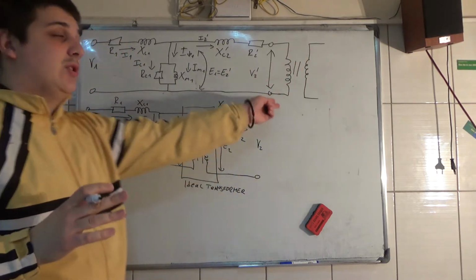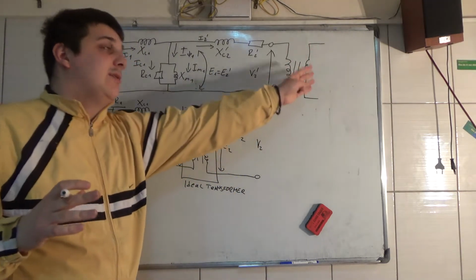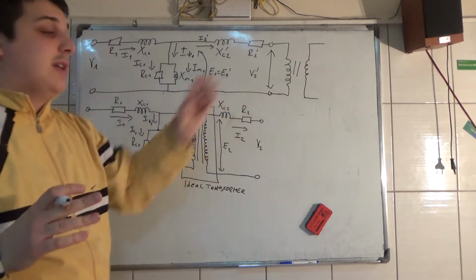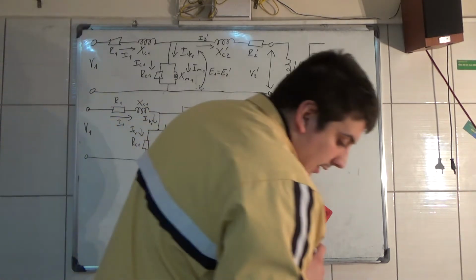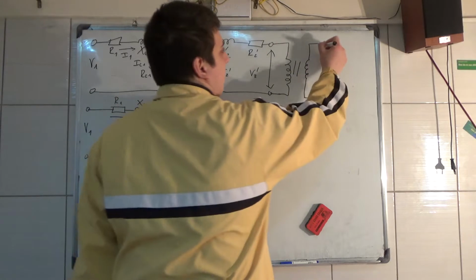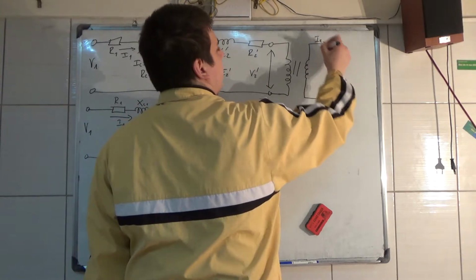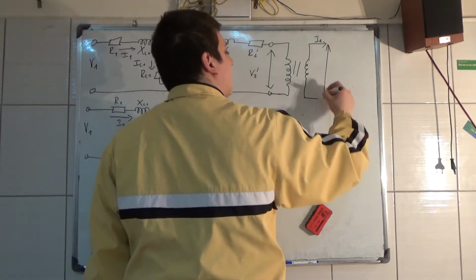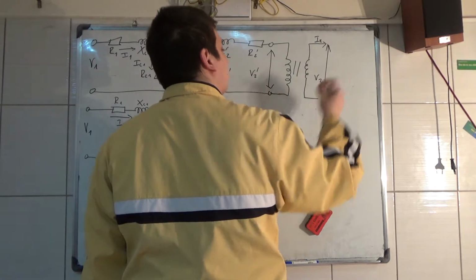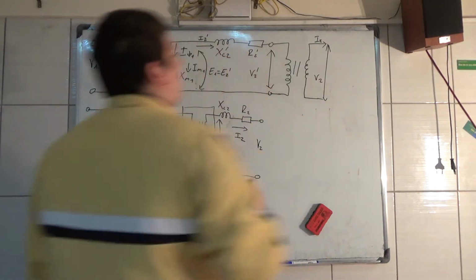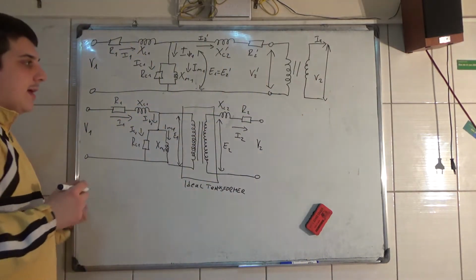But we are also gonna transfer this side to this side. So we have here a current I2, and we have the induced voltage V2.